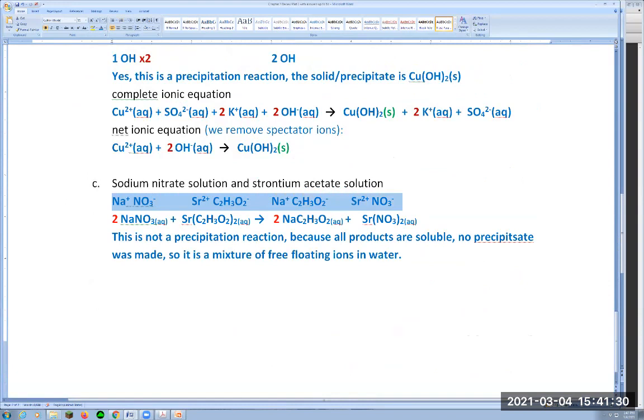And the net ionic equation would stay the same, or there would be nothing, because there is no reaction. So it's just a mixture of free floating ions. They don't mingle together. So there is no point in doing those ionic equations when you have no reaction. Let me correct this precipitate.